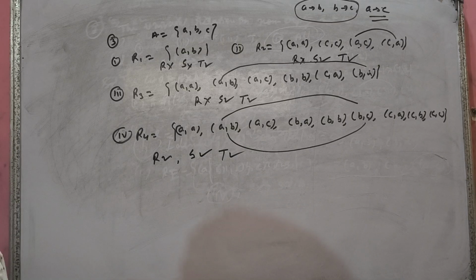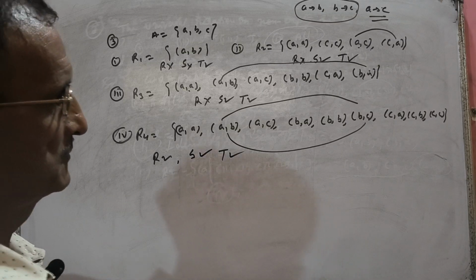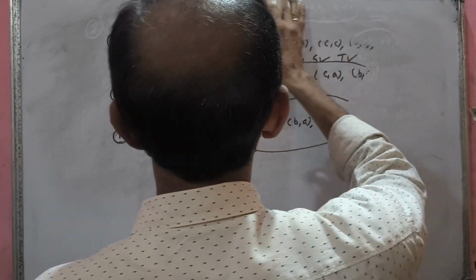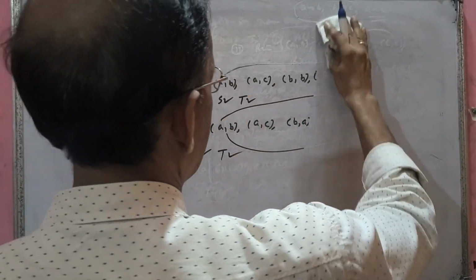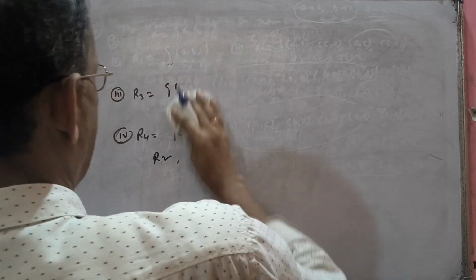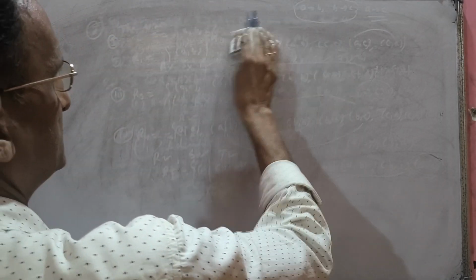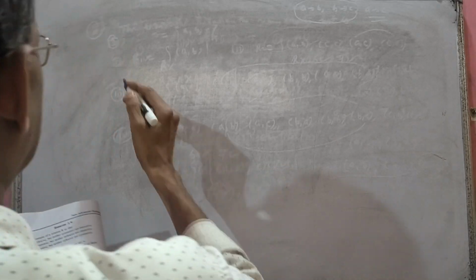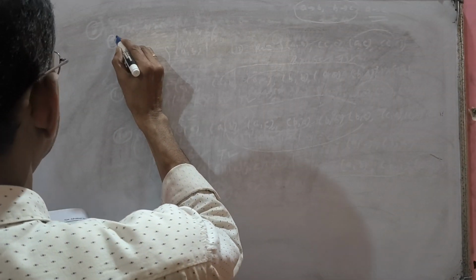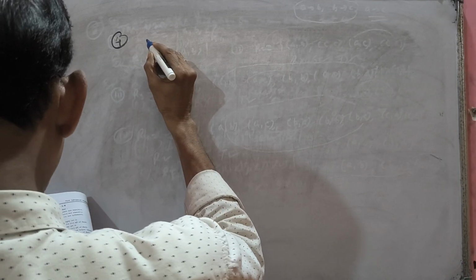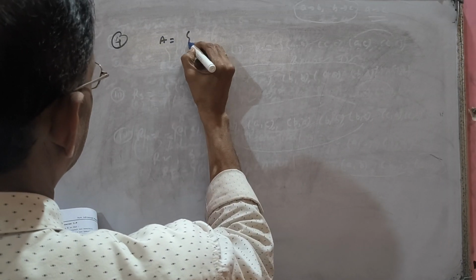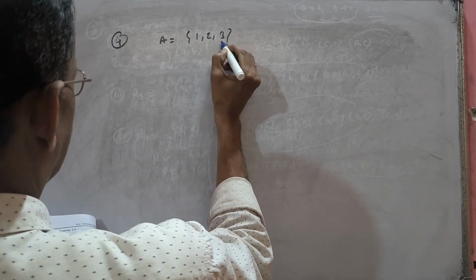Then one more sum. Question number 4. Give 10 seconds. Here we have A given with the elements 1, 2, 3.